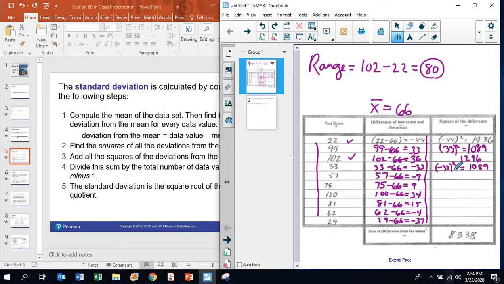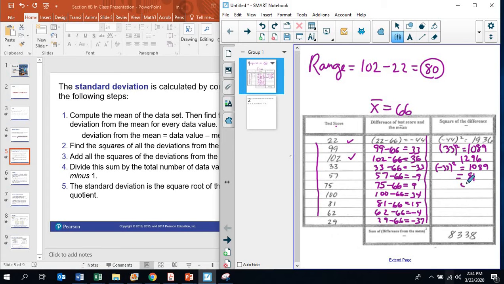So make sure you use parentheses around your negative symbol and use the plus minus sign, not the subtraction symbol, or it'll be messed up. When you square these out, all these numbers should be positive.